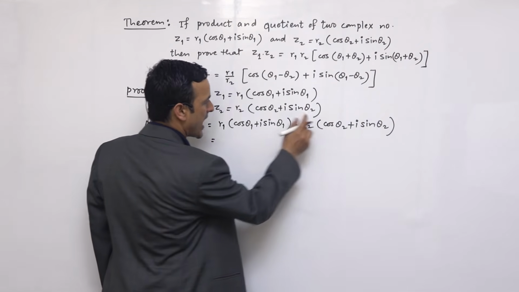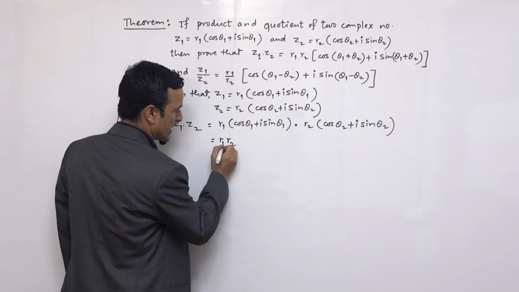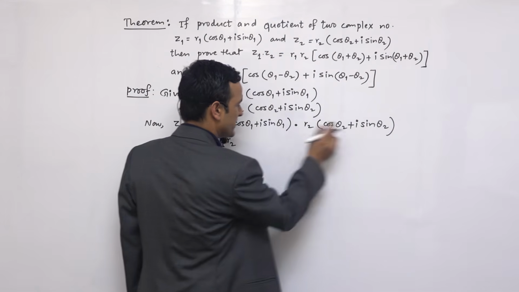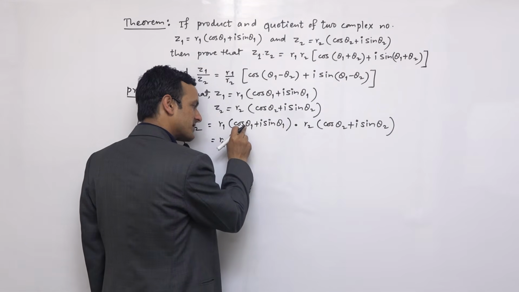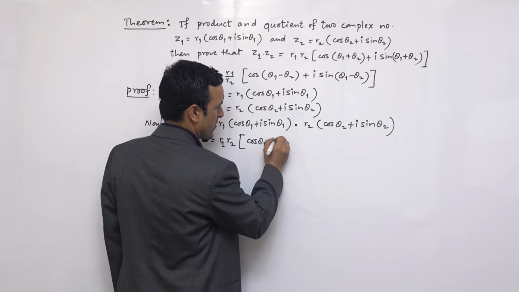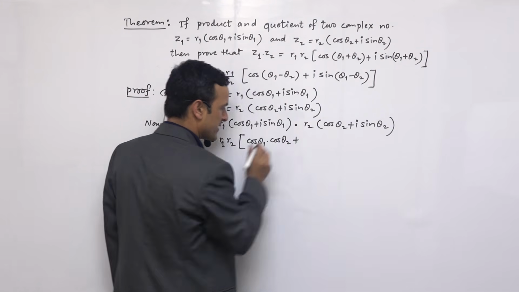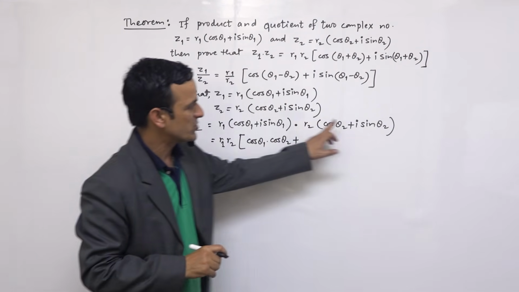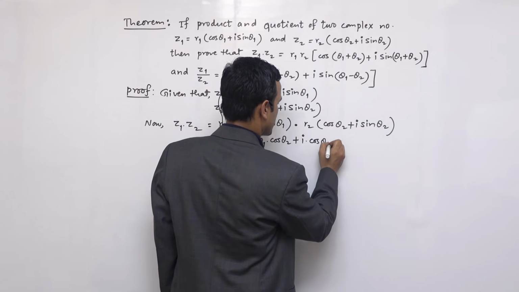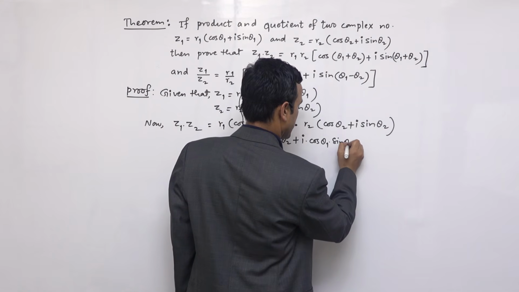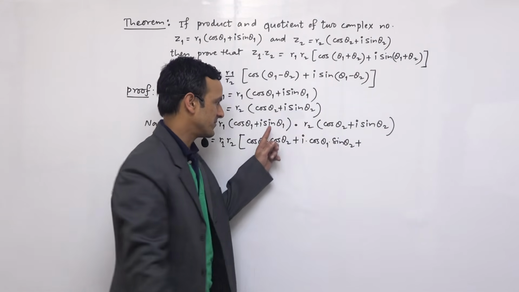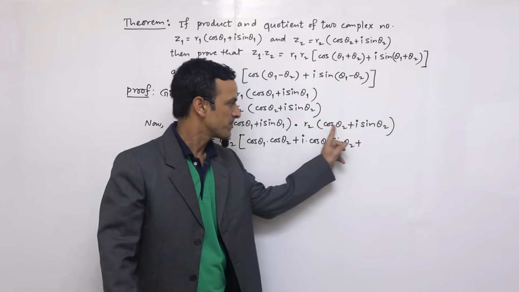Now R1 into R2 means it is R1 R2. This is R1 R2, and if you multiply this and this, it will be cos theta 1 cos theta 2, first term into first term, plus first term into last term, that means i cos theta 1 sin theta 2, plus. Now second term into first term, so multiply it.